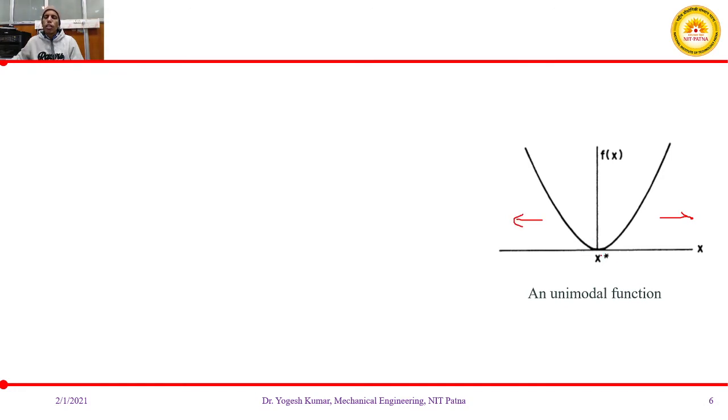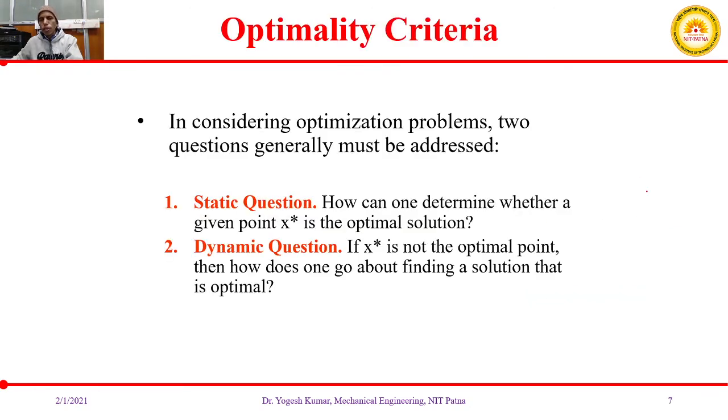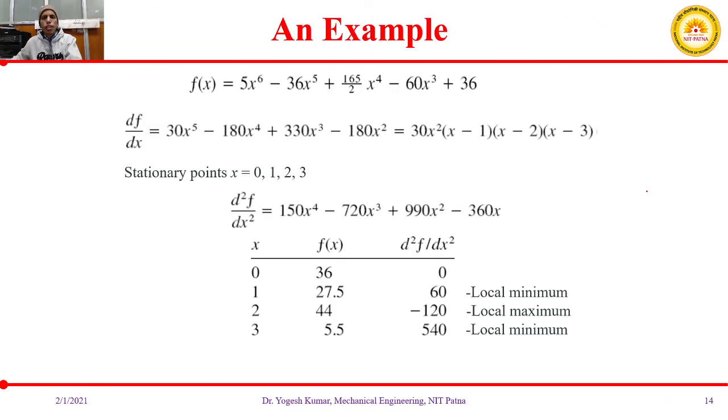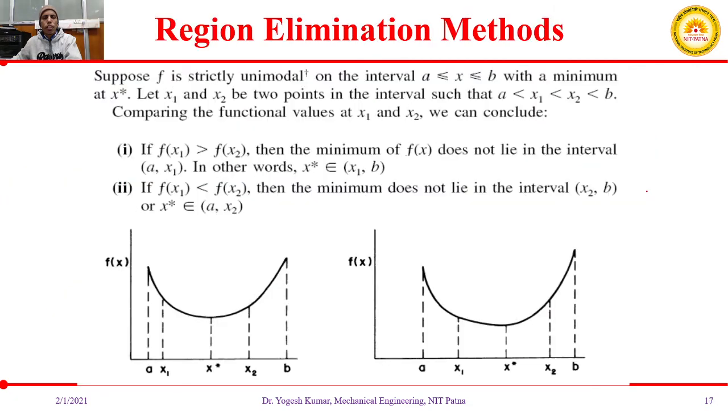Okay, so from the nature of the curve on either side of your optimum value, the nature of the curve remains the same. Here we can see the nature of the curve f(x) is the same on both sides, left side or right side. For such unimodal functions, we have a method called the region elimination method. It is widely used for solving engineering optimization problems.